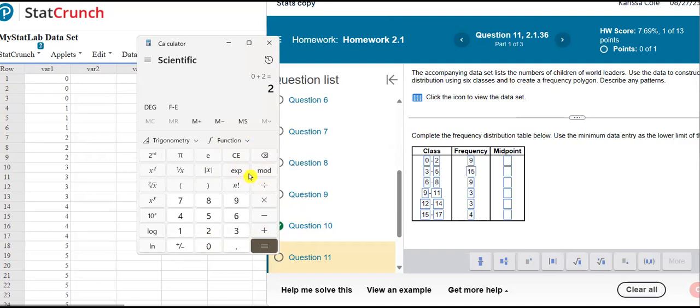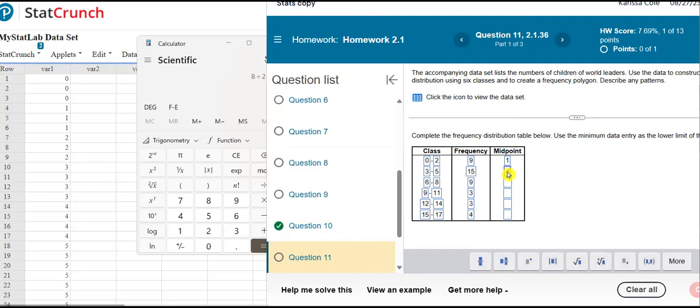So 0 plus 2 is 2. Cut that in half is 1. So the midpoint for this one is 1. Now you could do that for the rest of them. You could do 3 plus 5 equals, divide that in half, and you get 4.